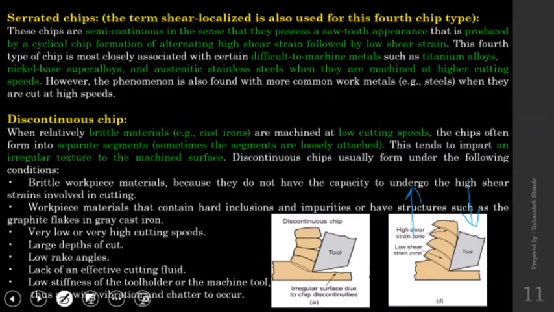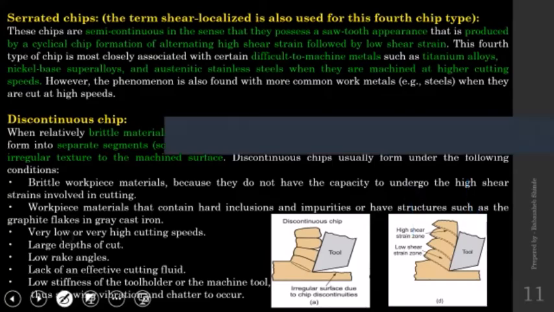This kind of chip usually forms when the workpiece materials being cut fall under the category of difficult to machine materials. There are some advanced materials that are called difficult to machine or difficult to cut materials.